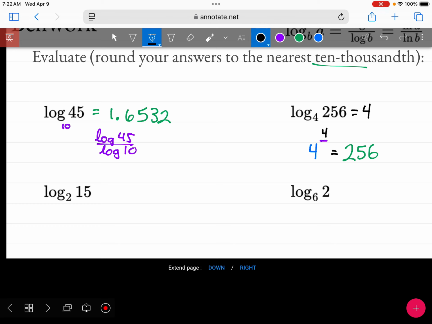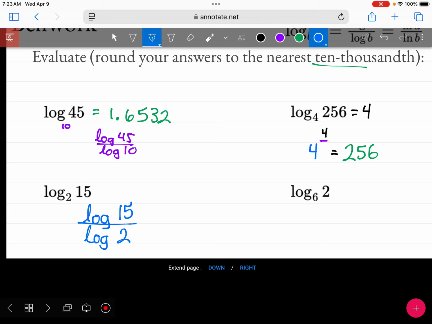The next one, we definitely do need change of base because 15 is not any kind of power of 2. So we can do this exactly the way we did up here, where we're going to take the log of our argument, 15, over the log of our base. Log of 15 over log of 2, and we're going to type that in the calculator.